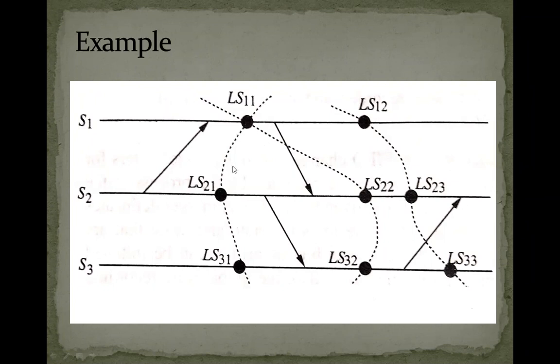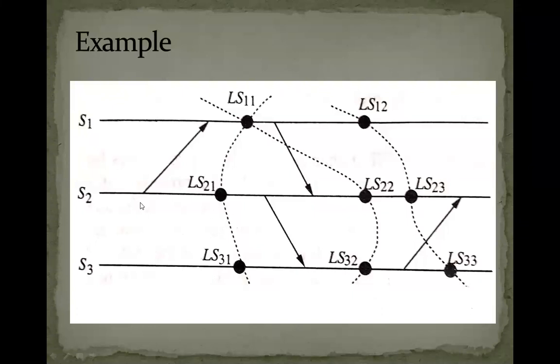Now, this example shows the global state. Global state can be taken anytime. Suppose there are two events happening in process S1, LS11 and LS12, three events in S2, LS21, LS22, LS23, and three events at process S3.